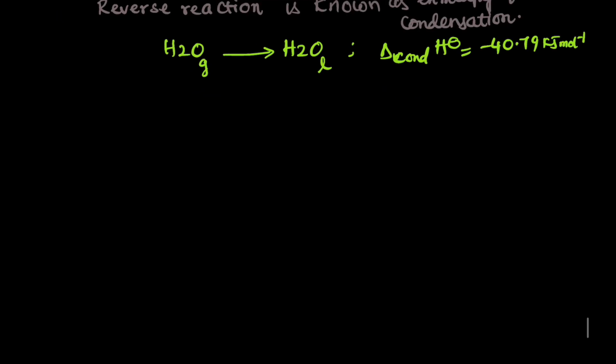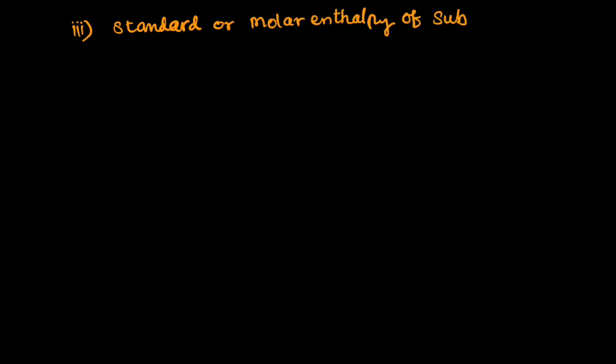Similarly, we can define one more phase transformation, the third one, called standard or molar enthalpy of sublimation. Because we are discussing the reverse reactions, now the standard or molar enthalpy of sublimation, delta sub, means sublimation at the standard condition, that enthalpy change.